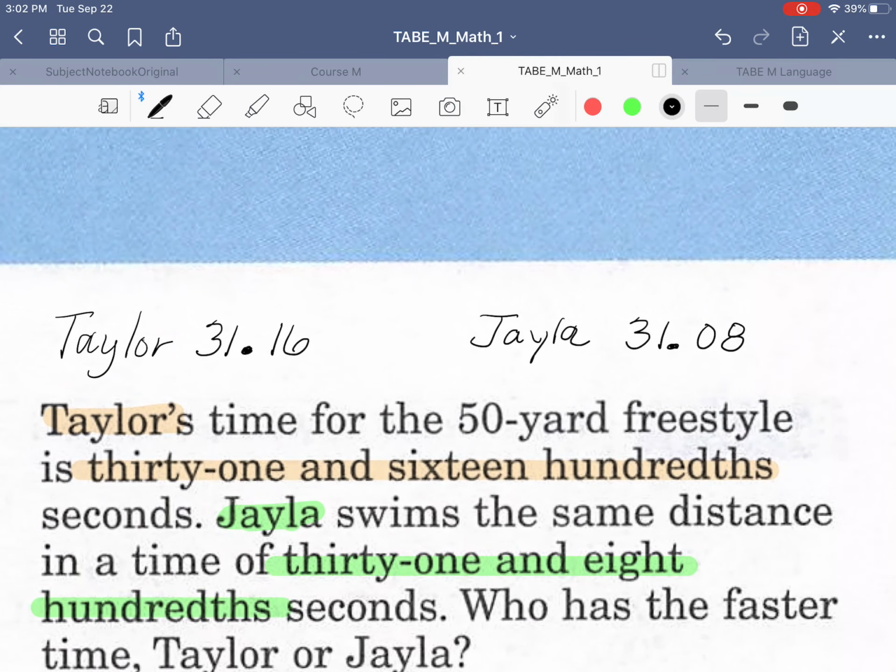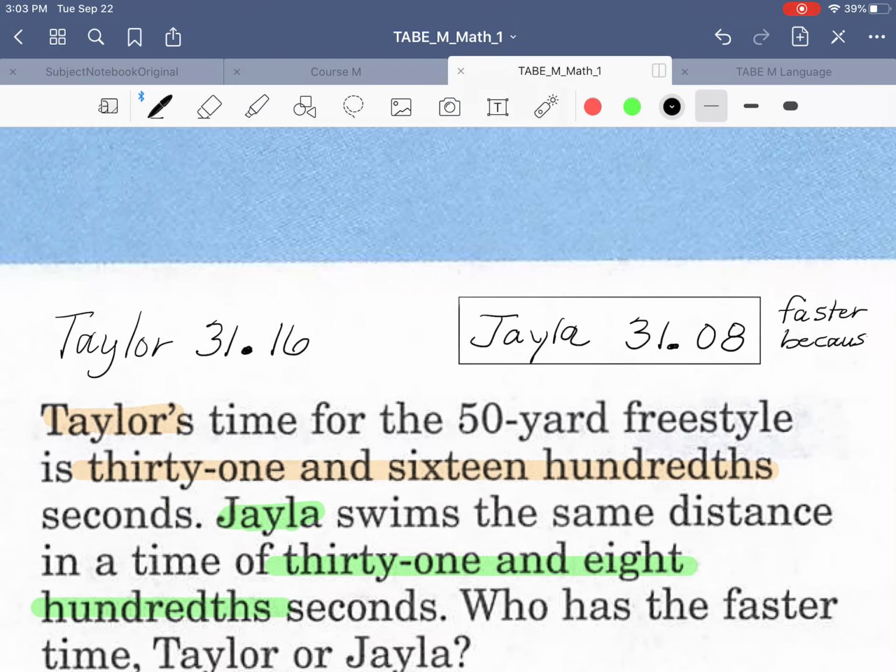If you're swimming a freestyle and you are trying to get to the end before the other person, who wins? Who gets there in the least time? In this case, Jayla is faster because her time is shorter.